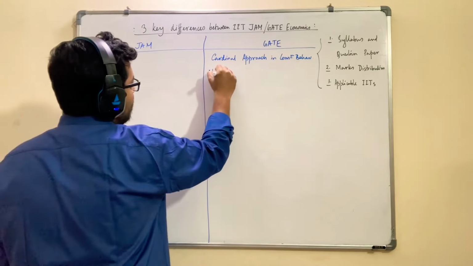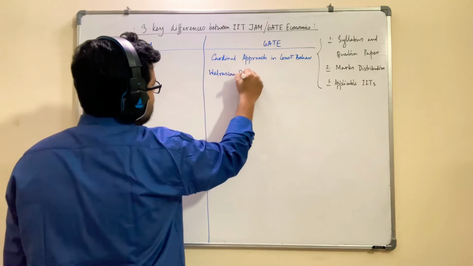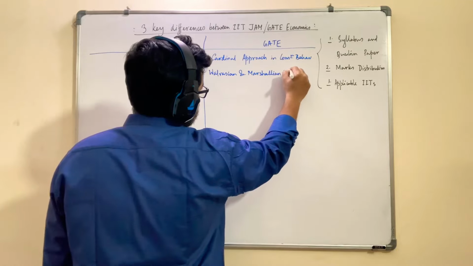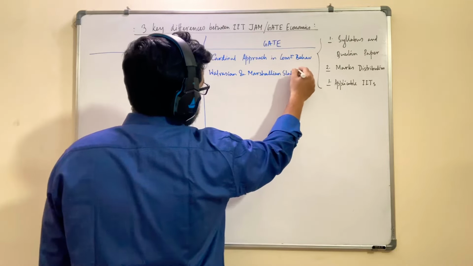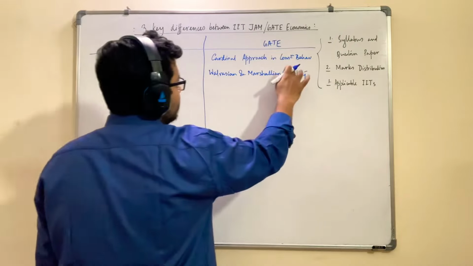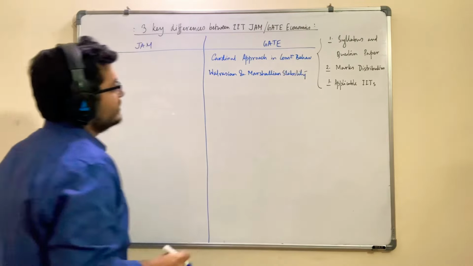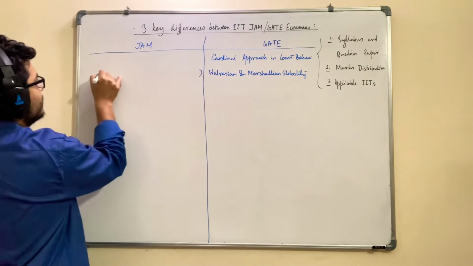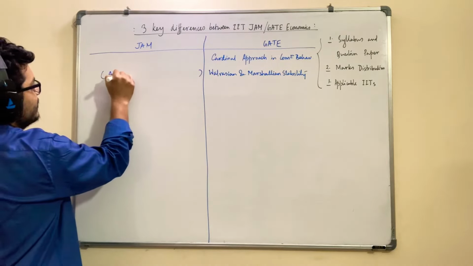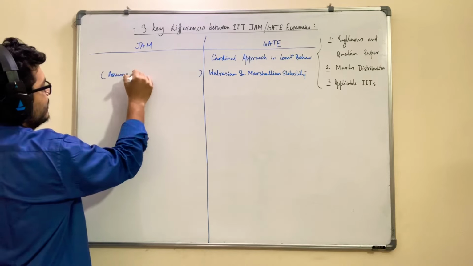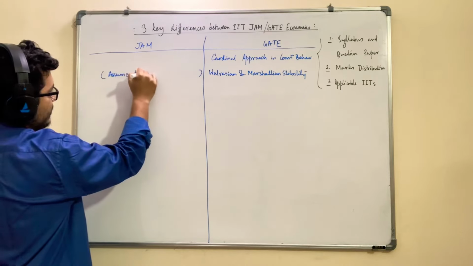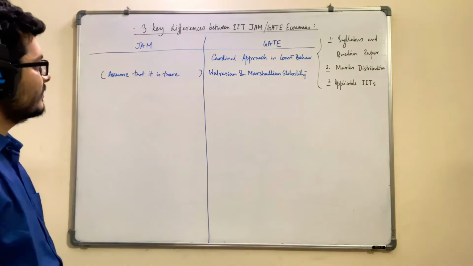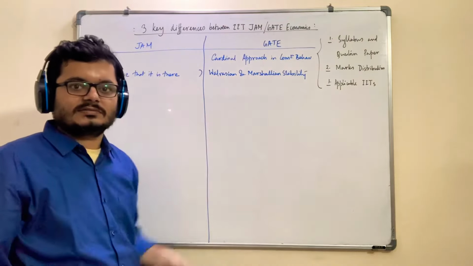Then comes Walrasian and Marshallian stability. Although this is not mentioned in JAM, we can assume that it is there in JAM. Also in GATE it is typically mentioned.